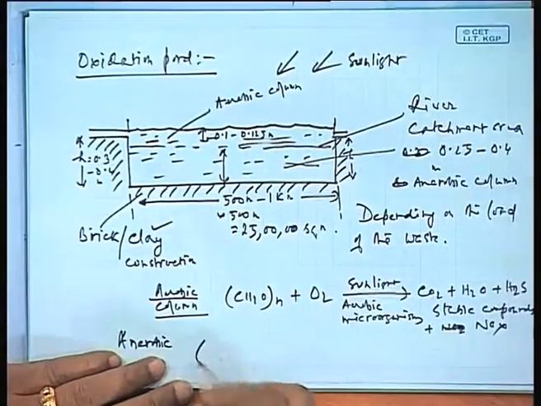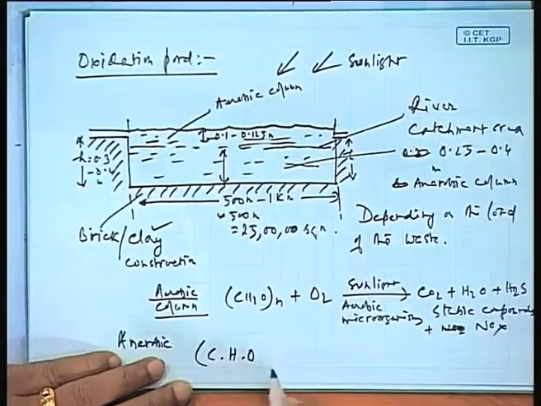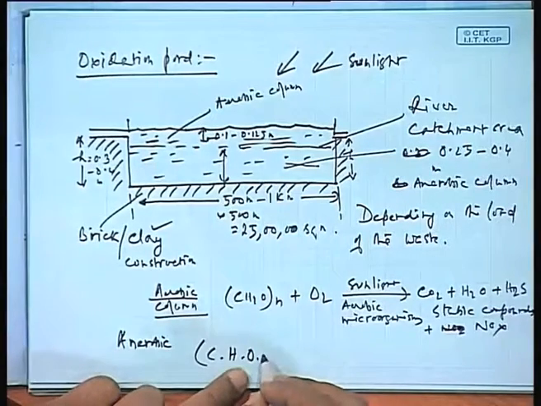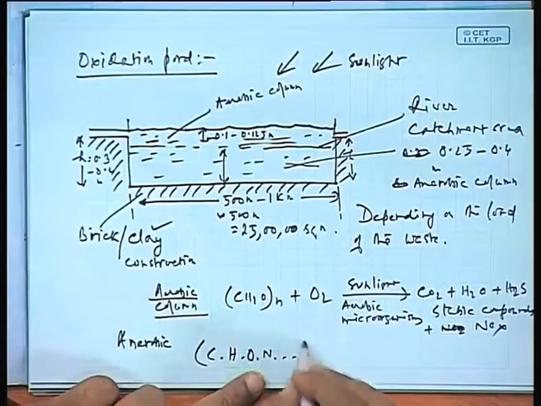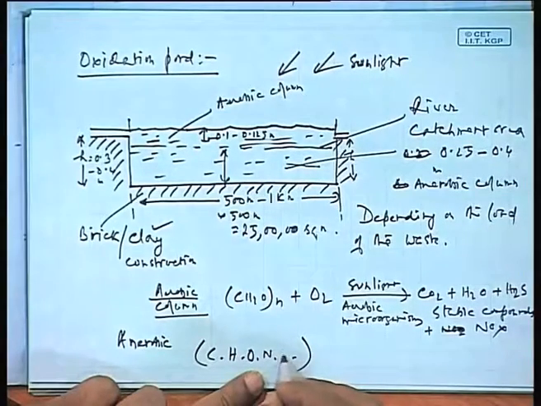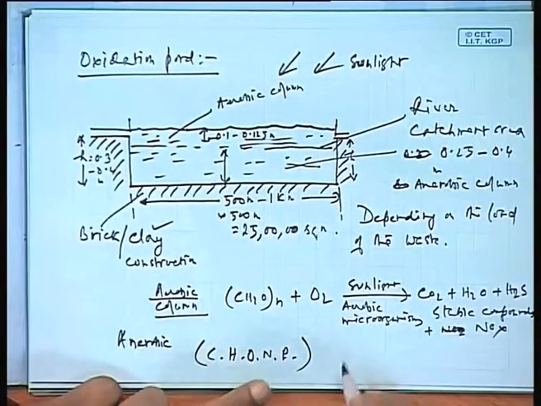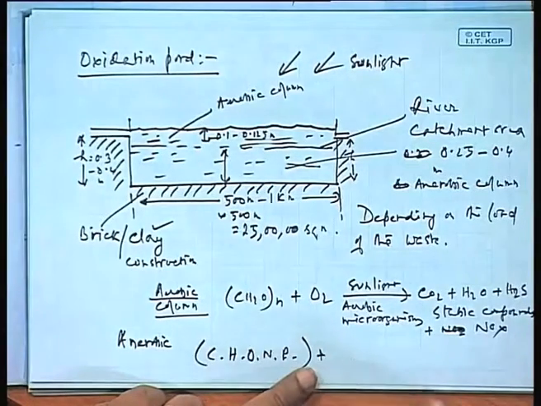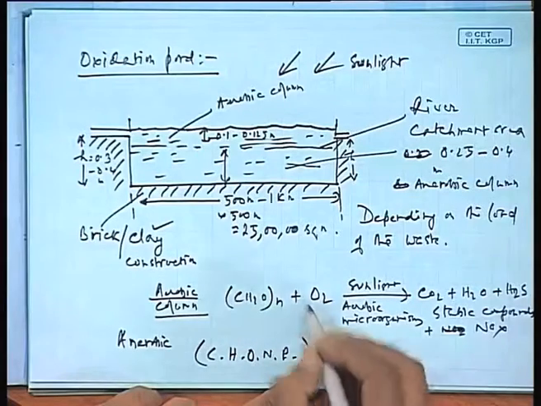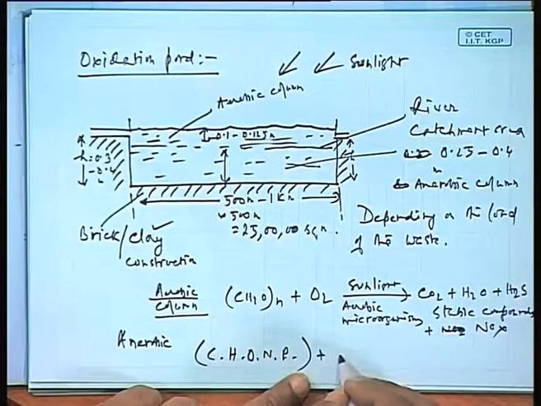the column is CHO, N, or any other substances, P for phosphorus, all these substances connected with reduced oxygen. Sufficient oxygen here, reduced oxygen here.